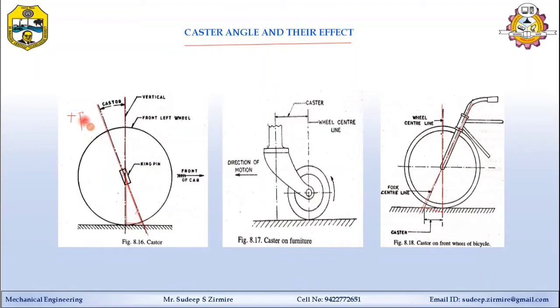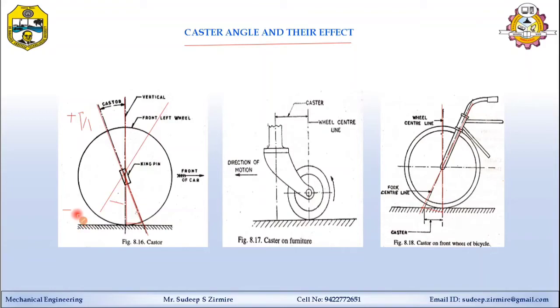If it is behind the vertical center line, it is called negative caster. If the line is like this, that is the negative caster.